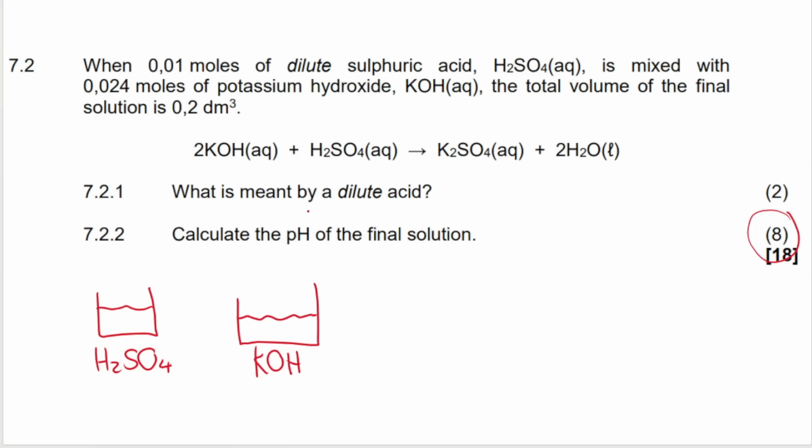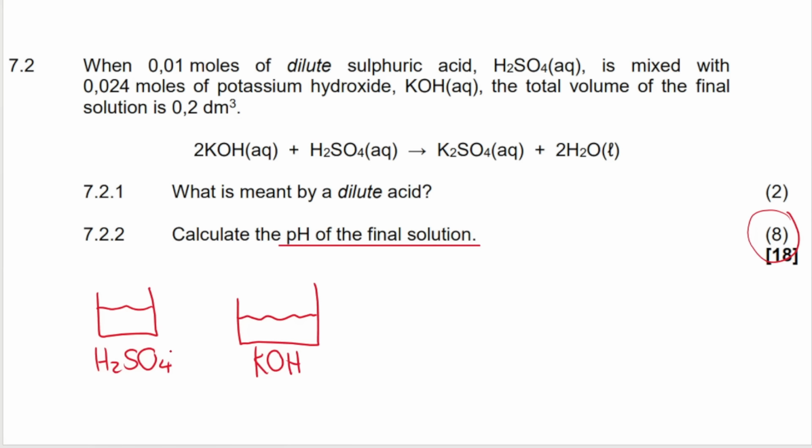What's important to note is they don't say that these solutions completely neutralized each other. We don't know if the H2SO4 and the KOH fully reacted with one another. There could be some leftover H2SO4 or some leftover potassium hydroxide, and that will affect the pH of the final solution.